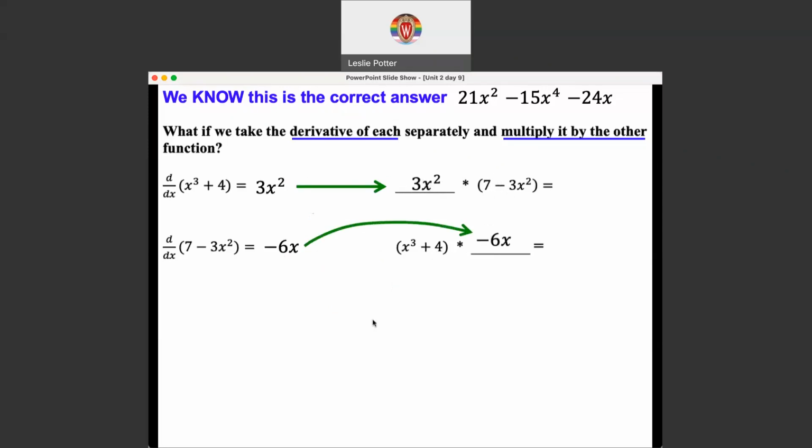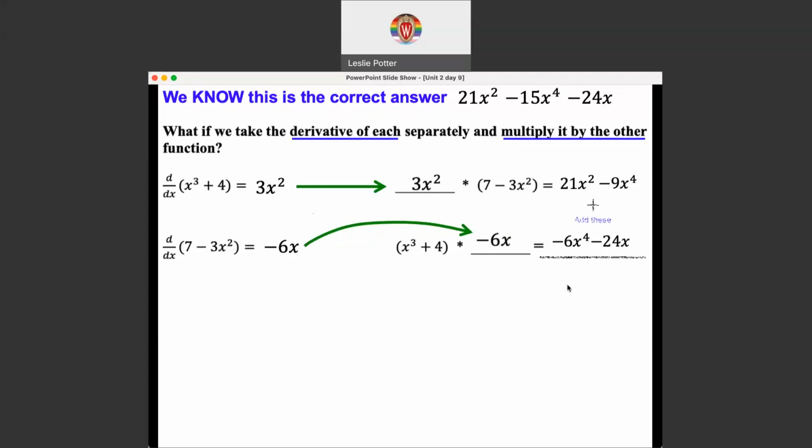Okay, so let's take a look at that. And I'm kind of leading you here for a reason, right? So doing this multiplication up top here, we get 21x squared minus 9x to the fourth. Doing the multiplication down here, we get negative 6x to the fourth minus 24x. Well, those are starting to look like familiar terms, right? I got the right answer up here at the top.